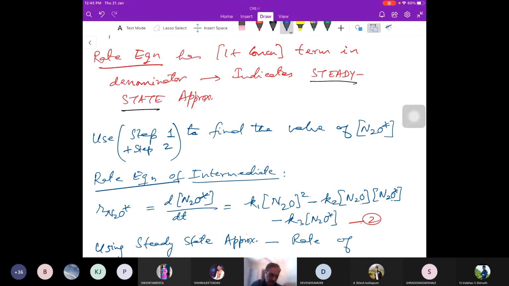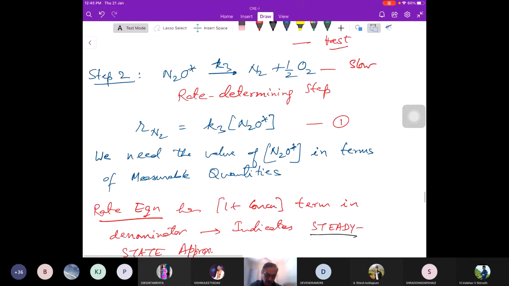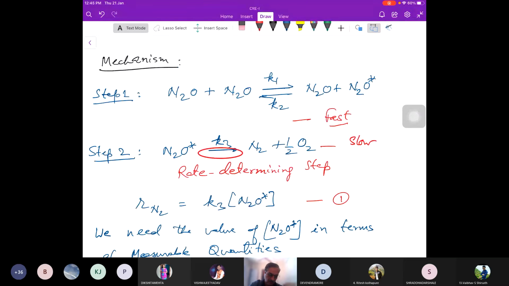Now, because क्या है कि we are saying at any point the rate of change of intermediate concentration, sorry, is 0. और दूसरी बात याद रखने का, यहाँ पर जो लिया हमने is irreversible and this is reversible, बराबर. पहले के समान ही है.